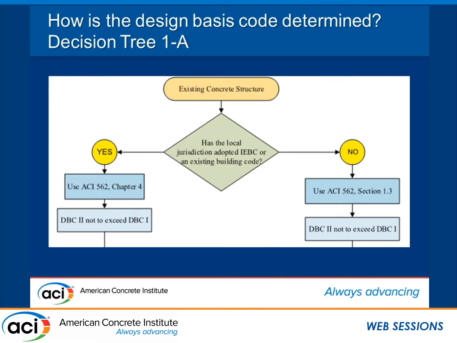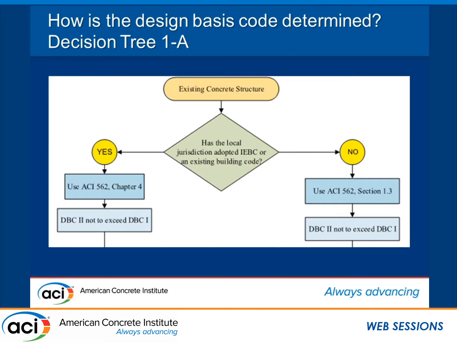As you start into this decision tree, the first question you have is, has the local jurisdiction adopted the IEBC or an existing building code? This or an existing building code also includes IBC Chapter 34 if you're dealing with an older version, which most jurisdictions are at this point.